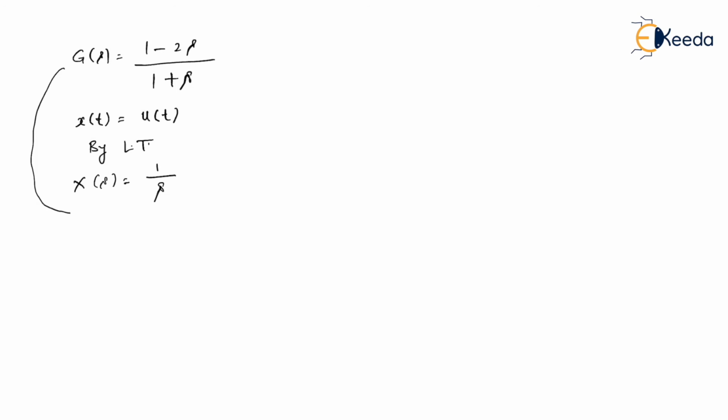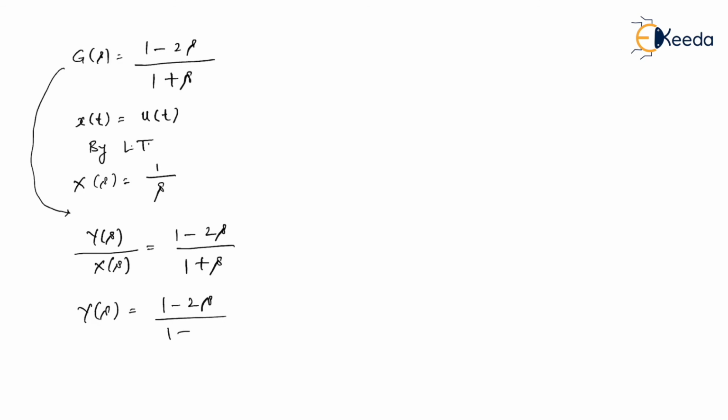And of course, we know that your G(s) is nothing but Y(s) upon X(s), which is equal to (1 - 2s) divided by (1 + s). Or I can write Y(s) as simply (1 - 2s) divided by (1 + s) multiplied by X(s). Why am I doing so?